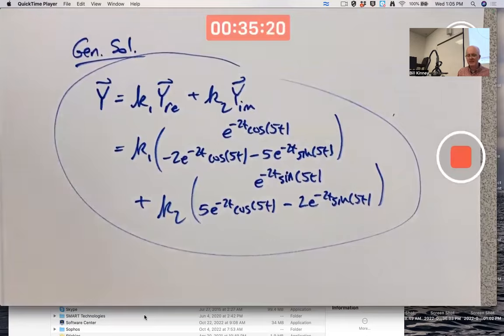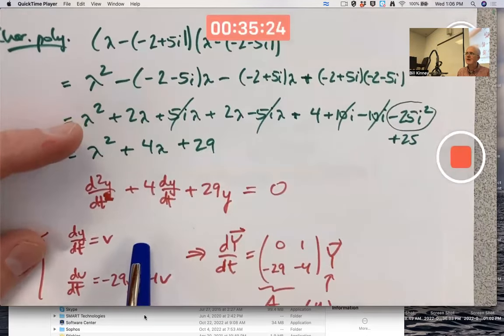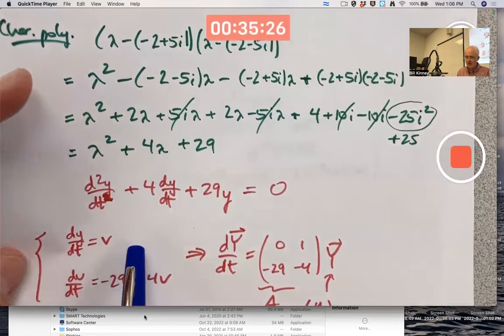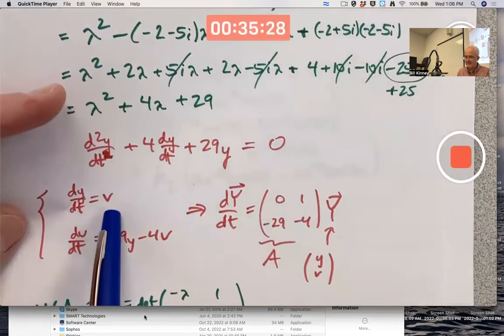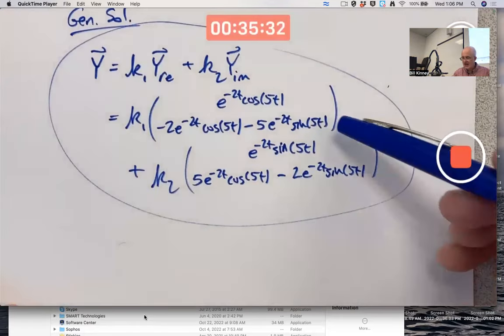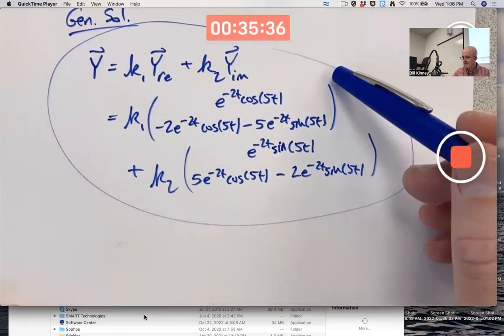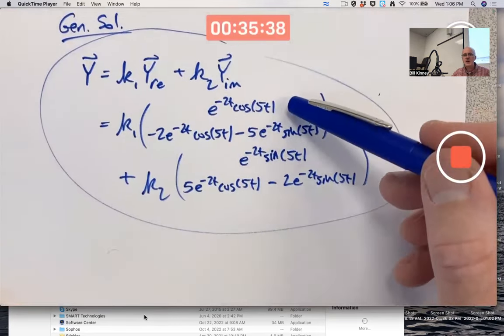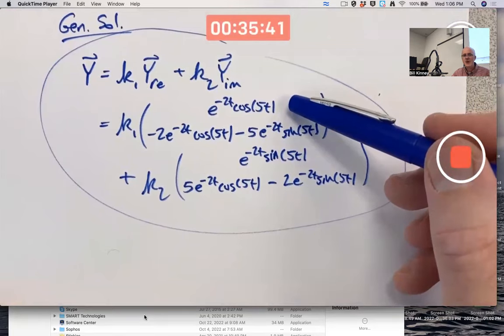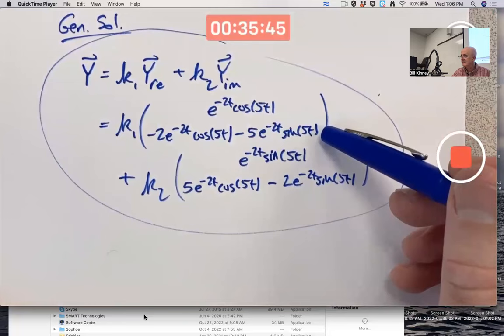Since this system came from a second order equation, where the second component, v, is the derivative of the first component, it is true that in each case, the second component of these vectors is the derivative of the first component. If you differentiate e to the negative 2t cos 5t with the chain rule, yeah, you will get that.